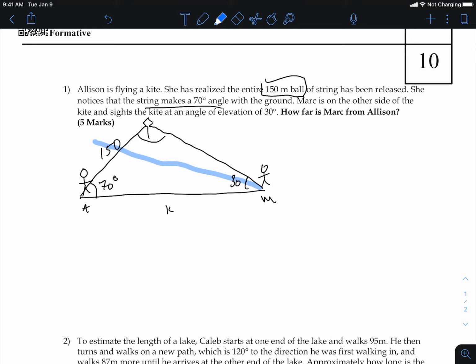I see an angle, and opposite of that angle, I see the corresponding side length. It's a brother-sister pair. Now, I want to solve for k. So I'm going to need to fill in what the angle is where the kite is. How do I do that? We'll call it angle k. It's going to be 180 minus 70 minus 30. What is that? 180 minus 100, which is equal to 80, right?